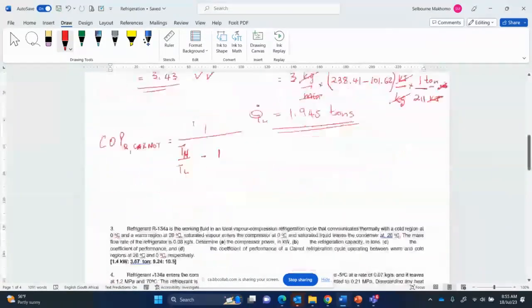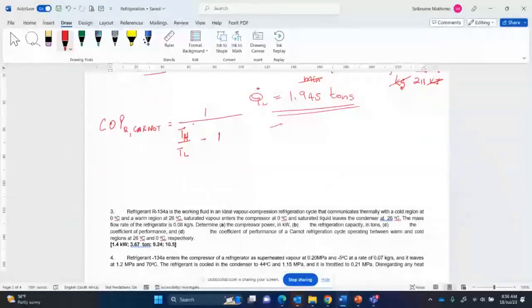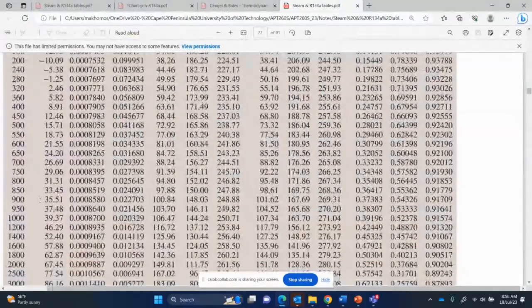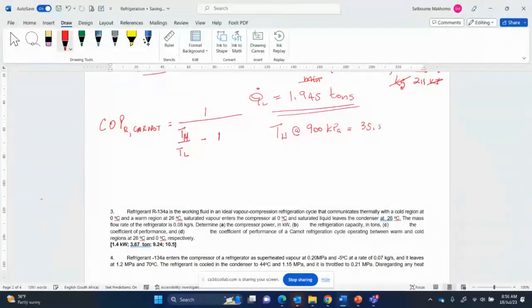And then TH, let me just write it down. TH at 900 kPa from the tables. Now you go to the tables and then you go to 900. 900 is 35.51. 35.51 plus 273. And then TL.